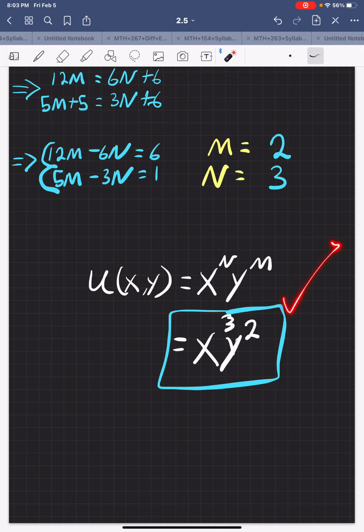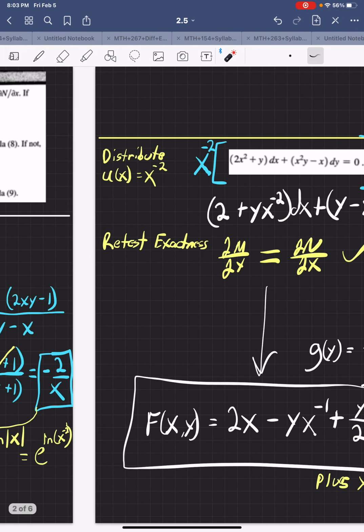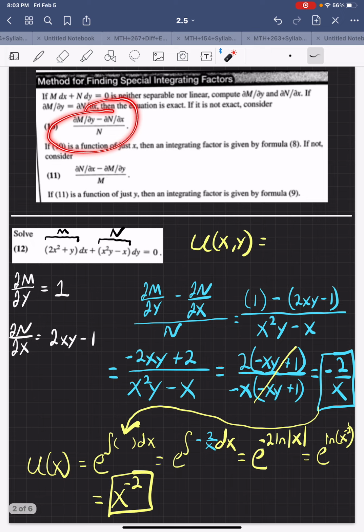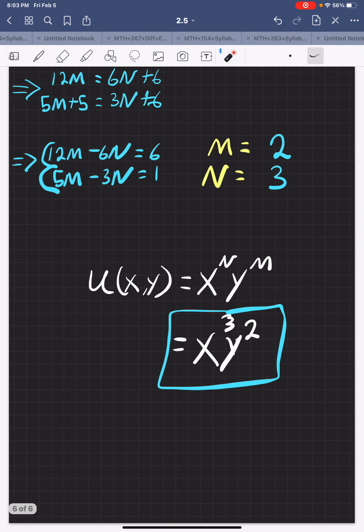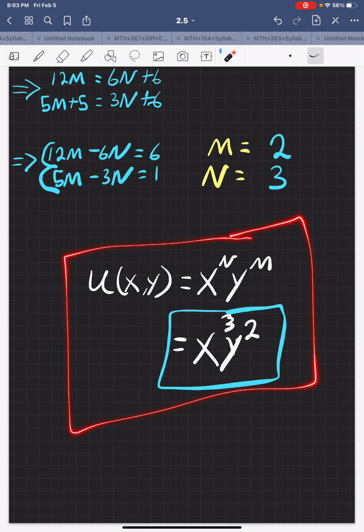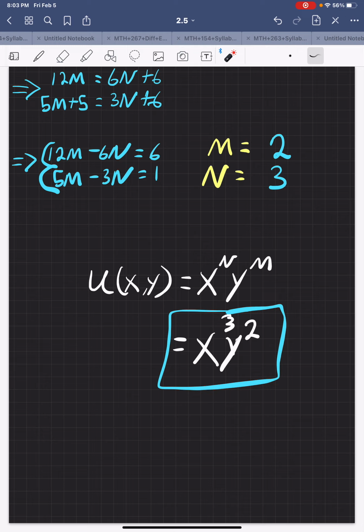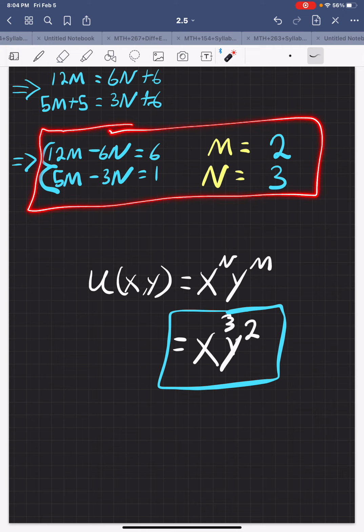So if you would like to use these little formulas, that's perfectly fine. Or you can just approach all of these problems the way we did in this video, which is, again, the way I learned it. And as you've heard me say many times, if you've had me over the semesters, the majority of your applied mathematics will come down to a system of equations.